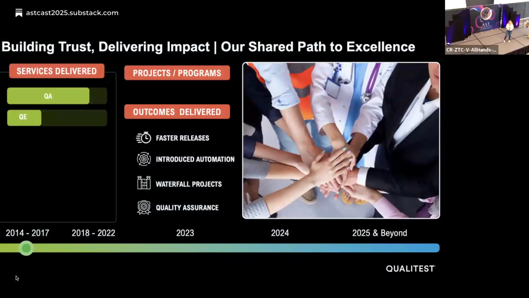So I am going to tell a story of one of my clients that I've worked with for the last 4 years. I've been at Qualitas for 6.5 years. When I started with this client 4 years ago, they'd already been a client for about 10 years.